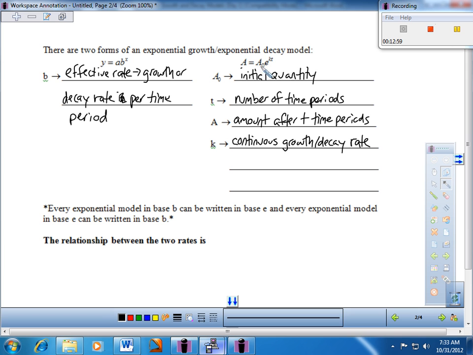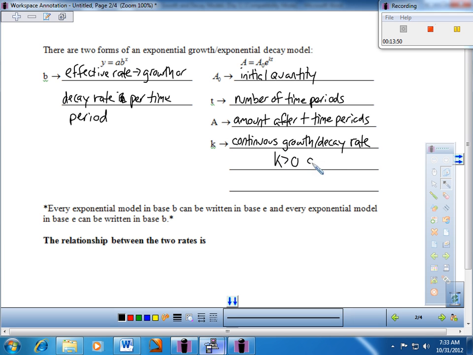Here's your principal, so to speak, your initial amount. Here's your base E. Here's what I would call the nominal rate before being compounded continuously, that R value. And then obviously the T on the end. So it's really just the PERT formula. This K, if you can relate it to that, is just that interest rate, the percentage before being compounded continuously. Once you apply that base E, it's what's called the continuous growth or decay rate.